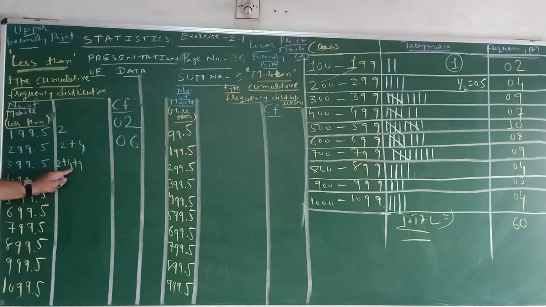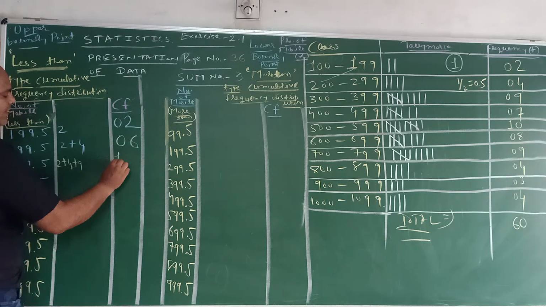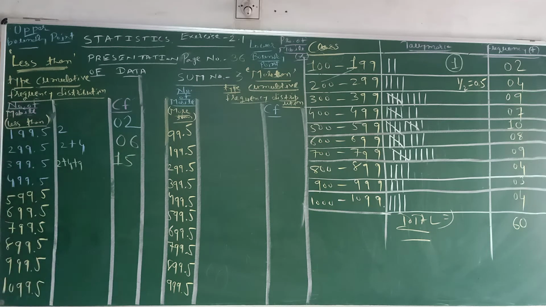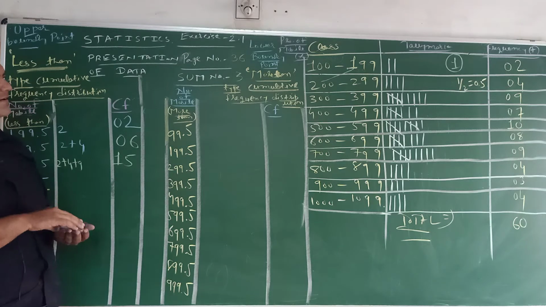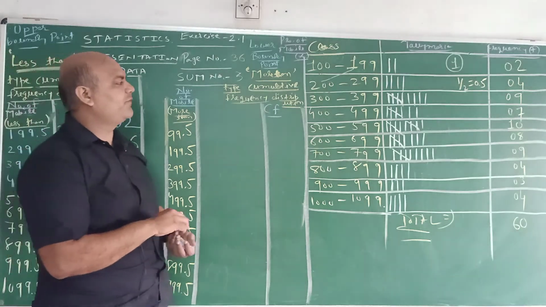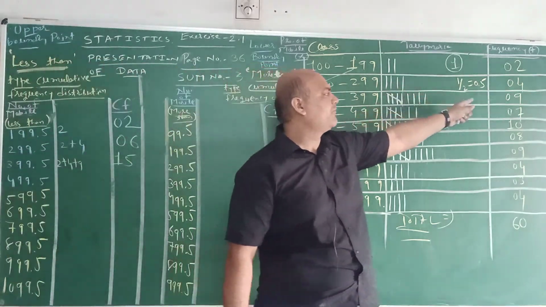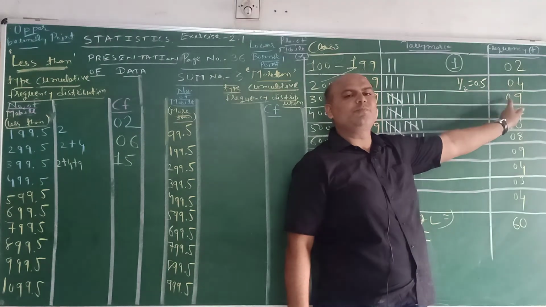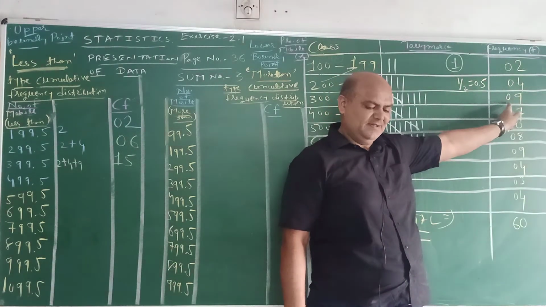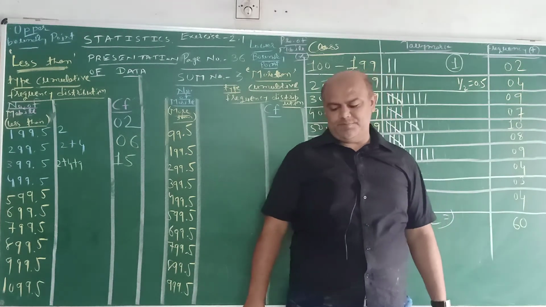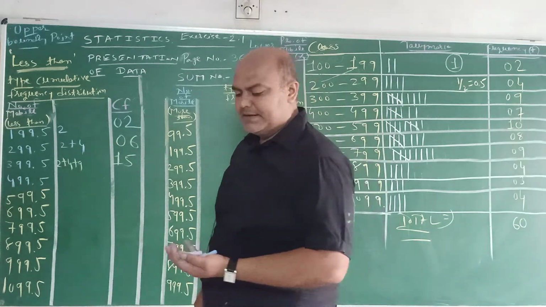So the cumulative frequency is 15. Because 399.5 or less than 399.5 is 2 plus 4 plus 9. This is called less than type cumulative frequency distribution.